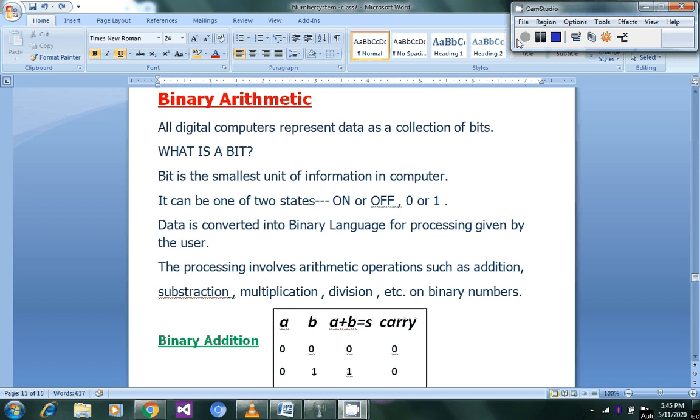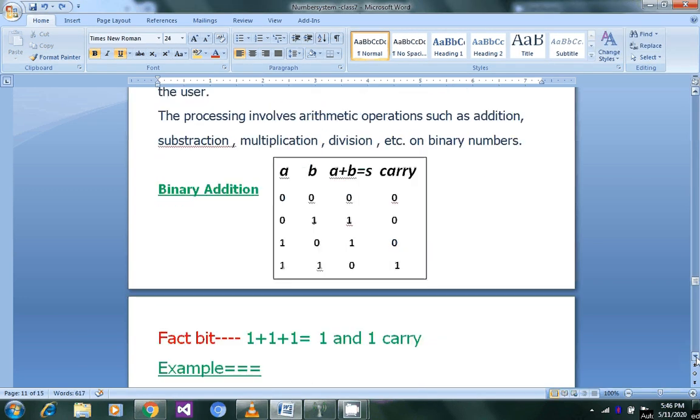The simplest arithmetic operation in binary arithmetic is addition. All of you do addition in mathematics also. So adding two single digit numbers in binary arithmetic is very easy and simple, as you do in mathematics. So first consider this table, binary addition.